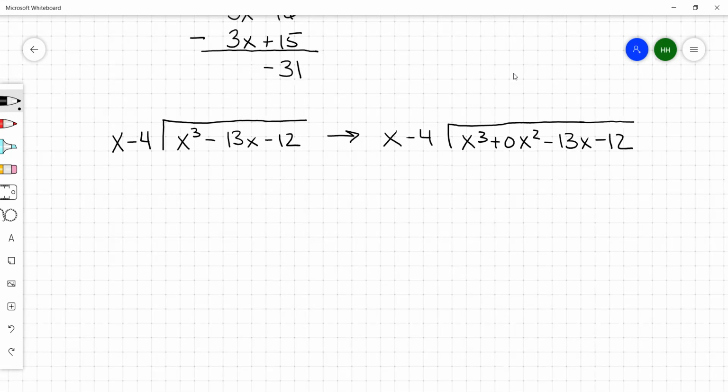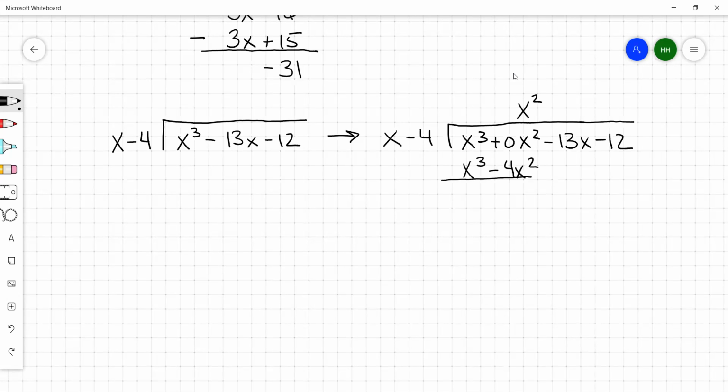So now we're going to take this x and divide it into the x to the third, and it's going to go x squared times. And then just repeat the process. It's all the same. X squared times x is x to the third. X squared times negative 4 is negative 4x squared.